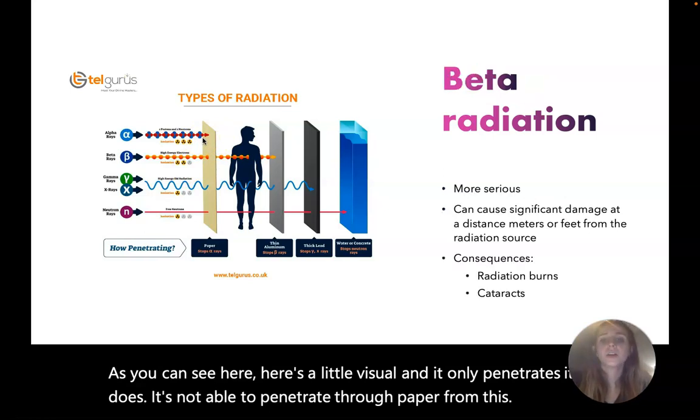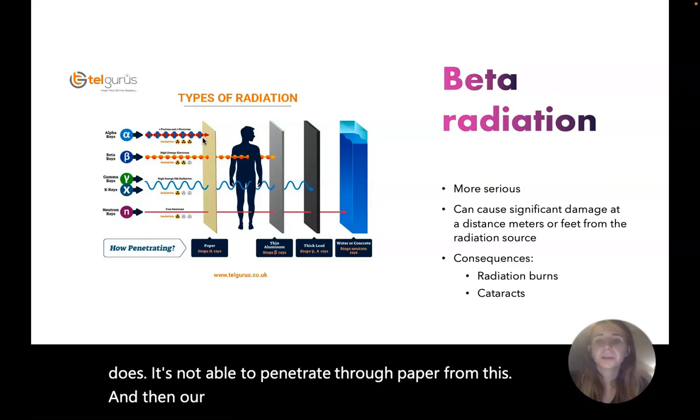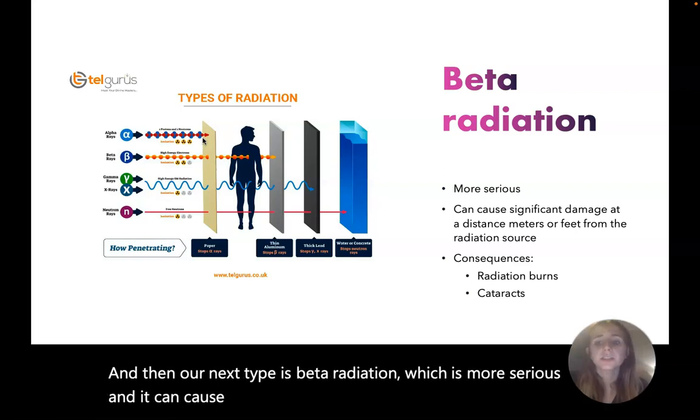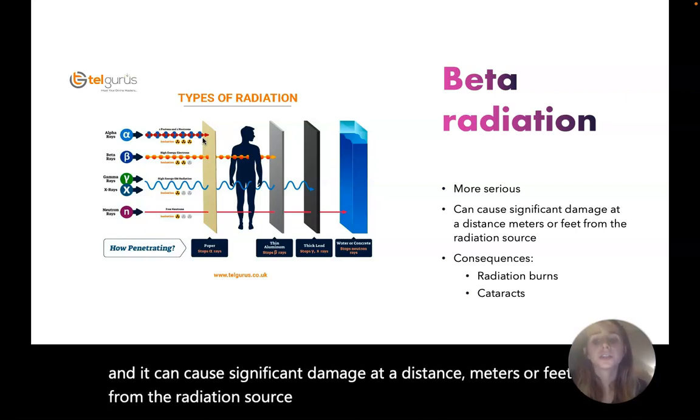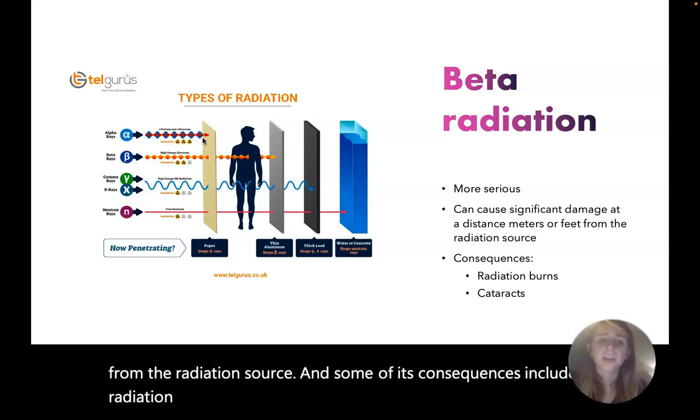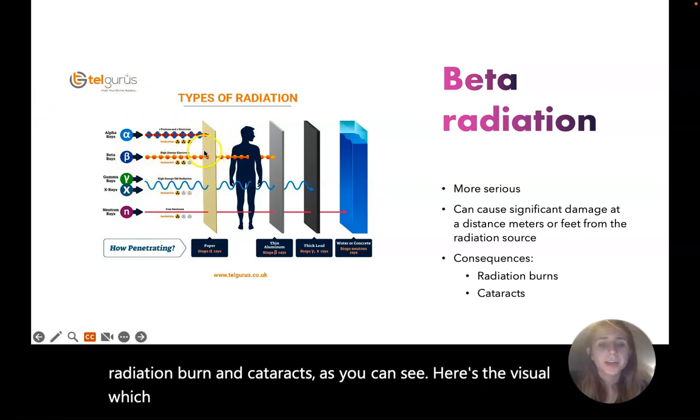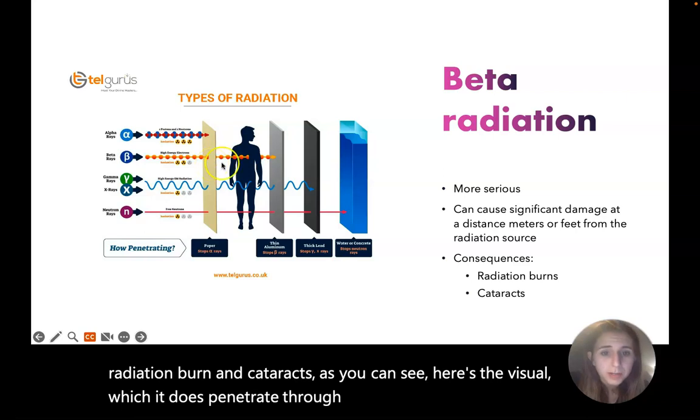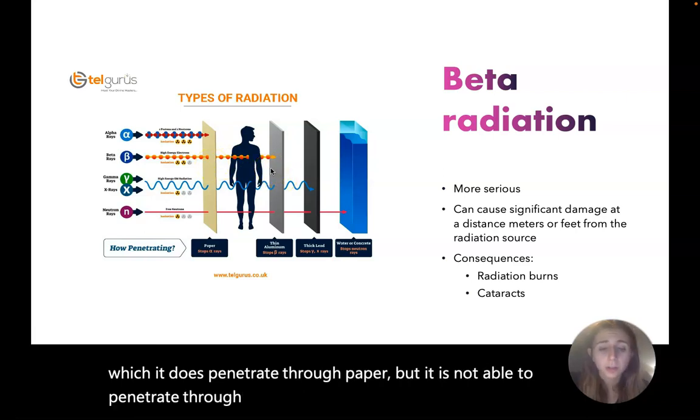Our next type is beta radiation, which is more serious, and it can cause significant damage at a distance of meters or feet from the radiation source. Some of its consequences include radiation burn and cataracts. As you can see in the visual, it does penetrate through paper, but it is not able to penetrate through aluminum.